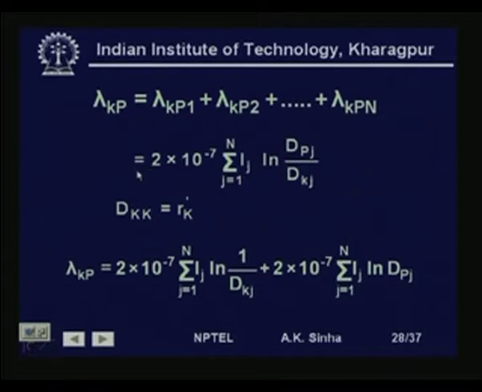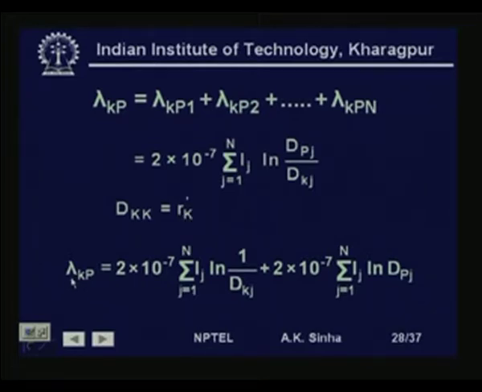Therefore, this is equal to 2 into 10 to the power minus 7 sigma j equal to 1 to n I j ln (d p j by d k j). Now, here we have used this relationship d k j, and for the same conductor, that is d k k, basically its own distance will be equal to r dash.